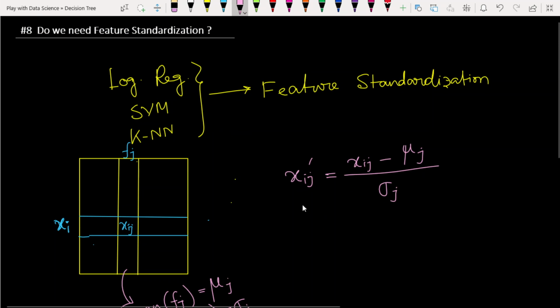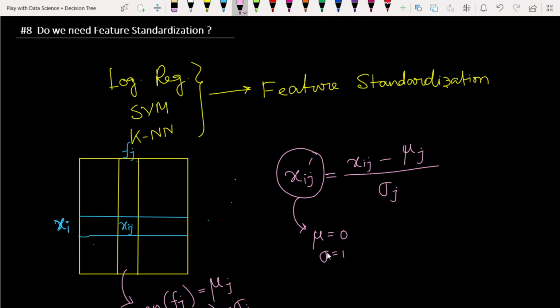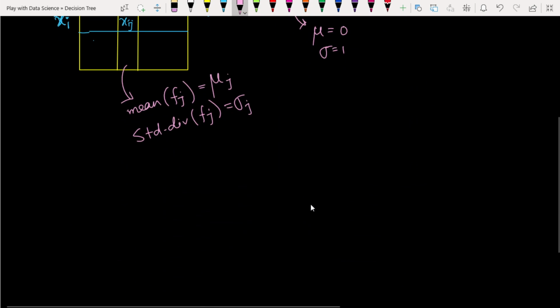For this data set, we have seen that the mean is equal to 0 and the standard deviation is equal to 1 by simply doing this. We have already seen this, but here we need to recall why.